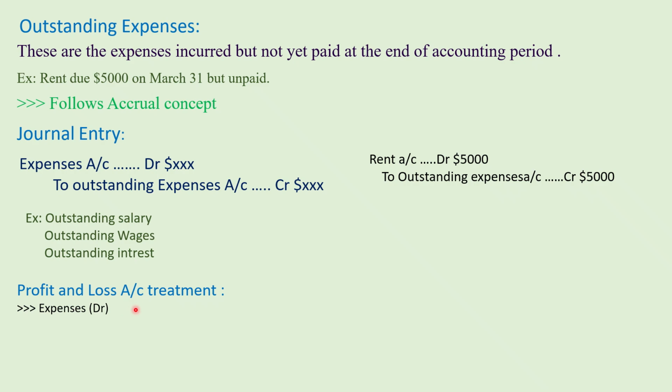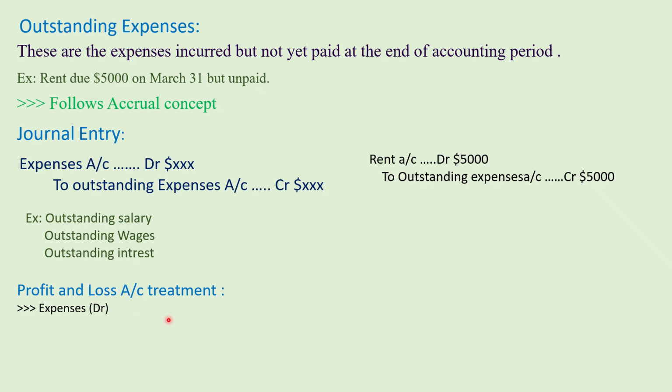Because this comes under only the same accounting period, right? It affects the profitability of the company. So that's why we will record this expense on the debit side of the profit and loss account.